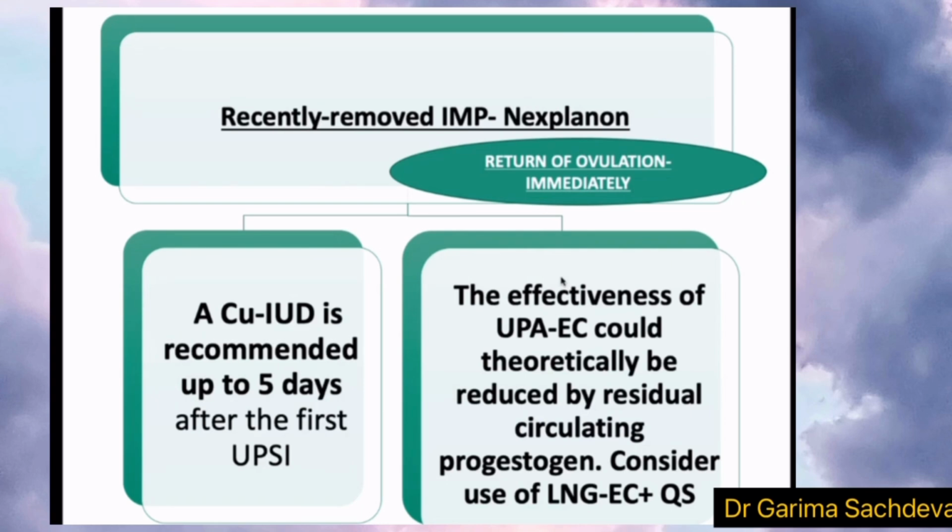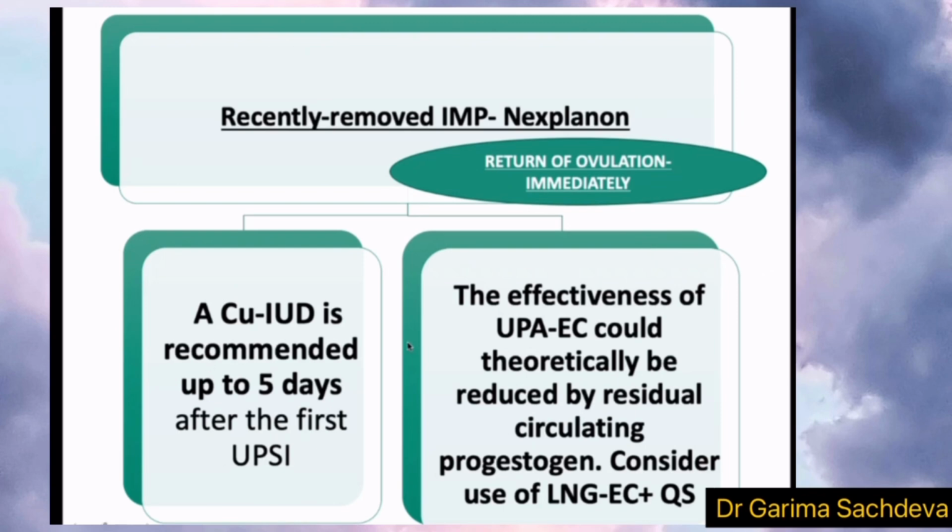Then implant, this you should remember. As soon as you remove the implant, the ability to inhibit ovulation is lost, so ovulation can return immediately. For DMPA, which you give every 12 weeks, it was effective even up to 14 weeks. Same with CHC, up to 48 hours. But for implant, this is not there.